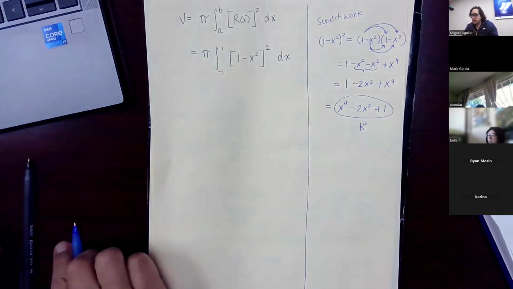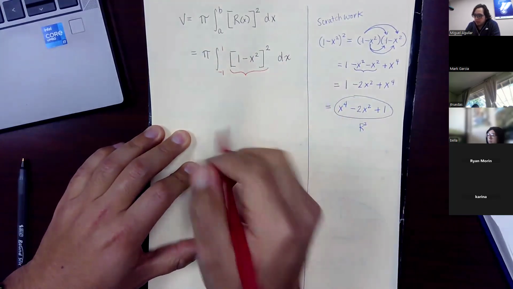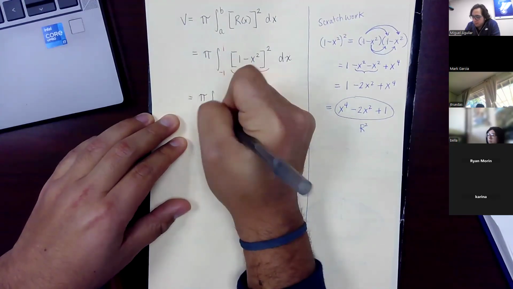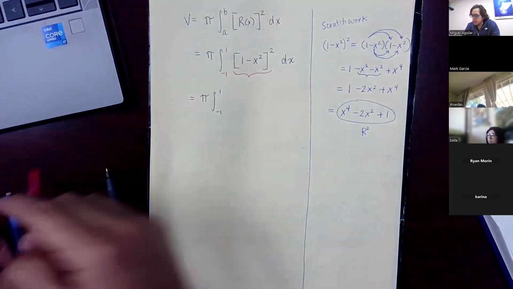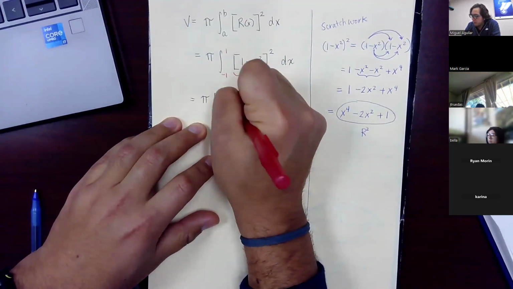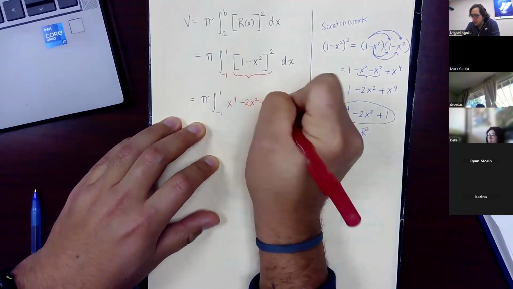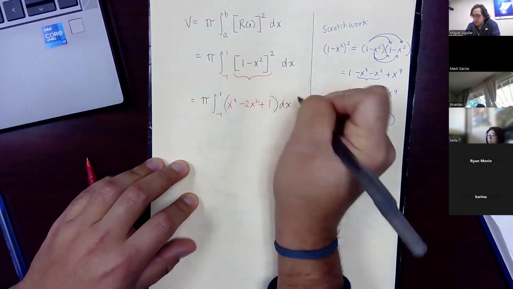Okay. So I'm going to replace this now with this scratch work that we've done over here. Let's go ahead and rewrite this integral. Pi, integrating from -1 to 1, and the integral that we're actually taking is x to the 4th minus 2x squared plus 1, and then all of that dx.